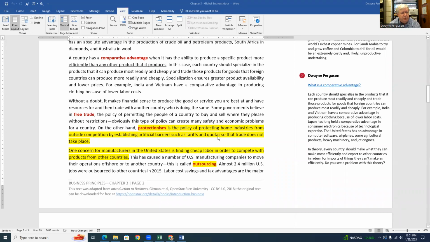Sometimes you want to protect maybe your farmers or your computer chip makers or whatever. You want to protect them, so you come up with tariffs or quotas that only allow so much of a product to be imported into the country.